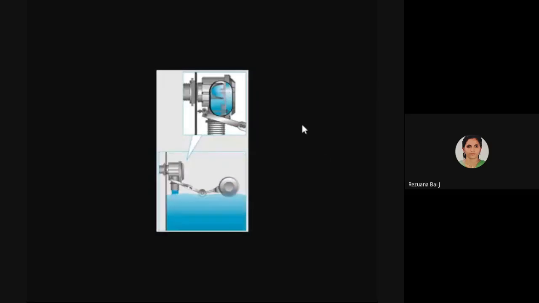So this is just an animation of the automatic water level control. You can see the lever and pivot arrangement, how it is. Can you see that?